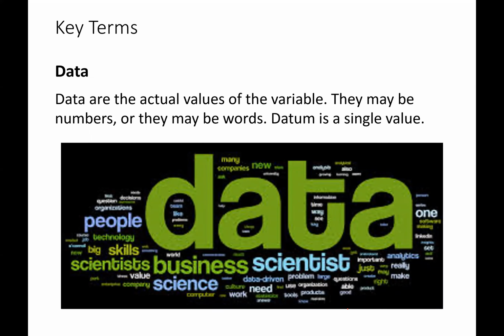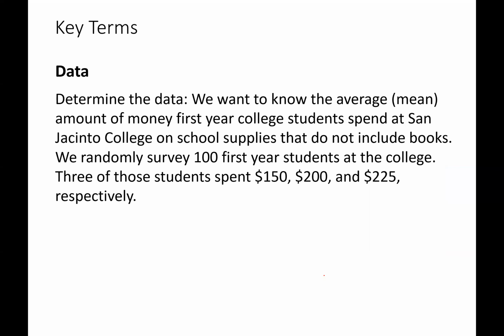Okay? Data are the actual values of the variable, which I just gave you the answer to the next problem. They may be numbers or they may be words. Datum is a single value. So what's the data? I think I just gave you the answer. The data is the values that your variable can take on.